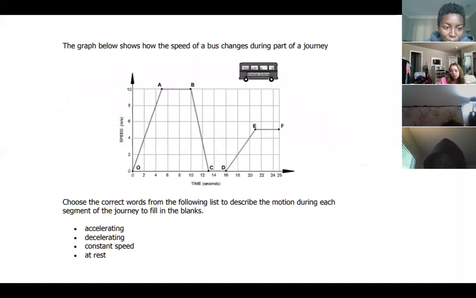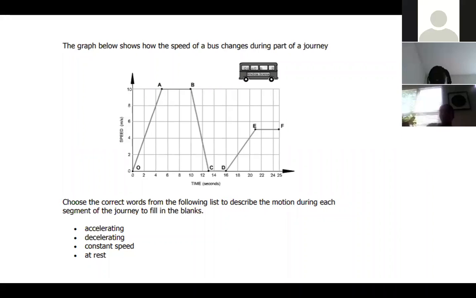All right. So this is another speed time graph. Let's give everybody, let's say 2 minutes.